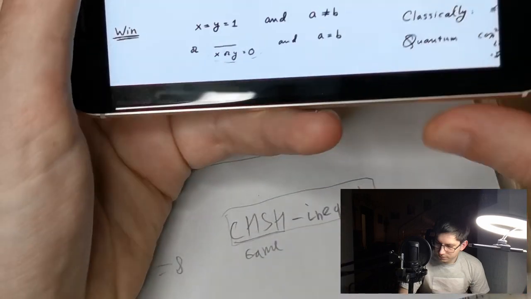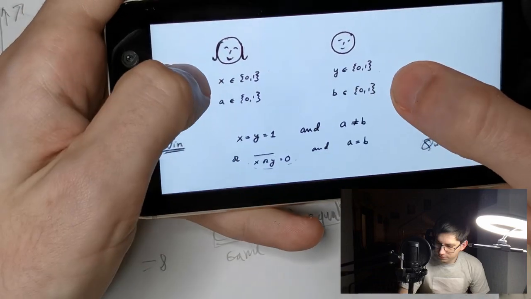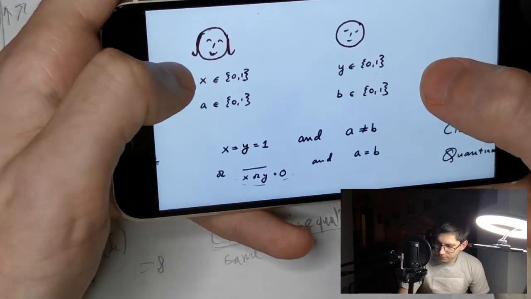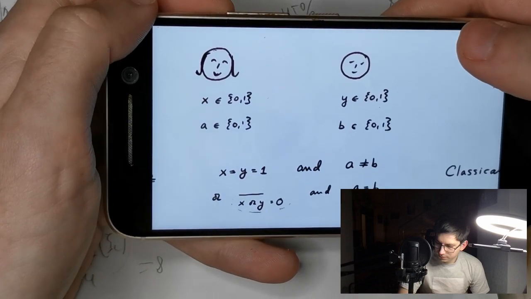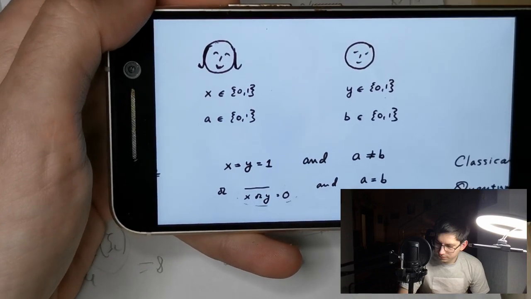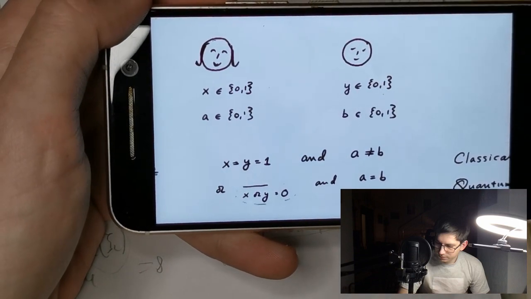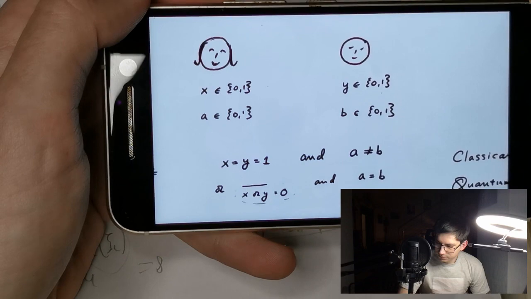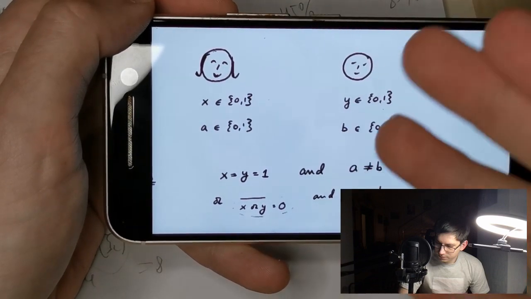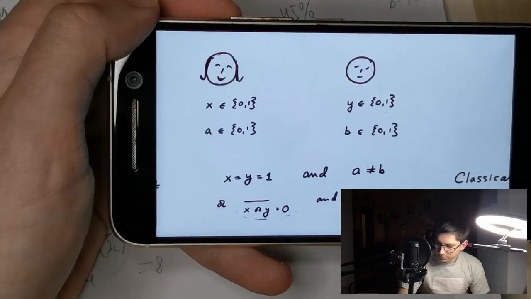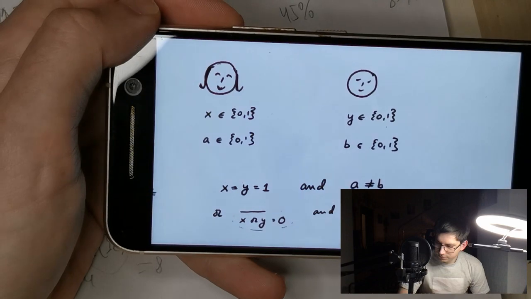So let's take a look at this simple thing called the CHSH game. What we have here are just Alice and Bob, and Alice and Bob have two inputs called X and Y. They are random, so you can consider those as coin flips. And those two inputs are 0 and 1. So heads or tails, right? We can say that heads are 0 and tails are 1.